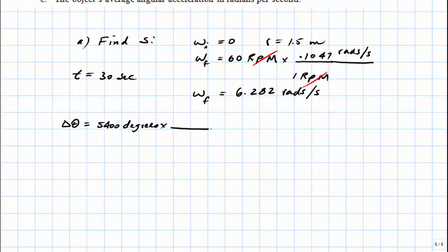Now, we know that 57.3 degrees equals 1 radian. And if we enter these values into the calculator, the result equals 94.24 radians. We can now proceed toward finding S.